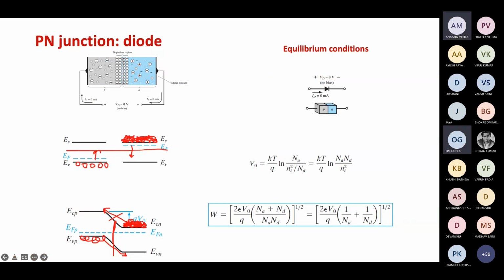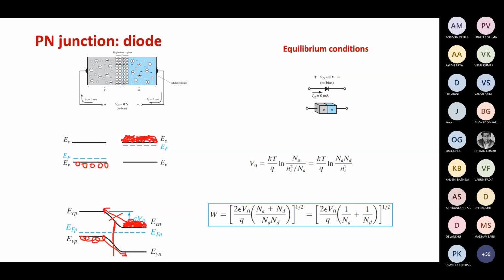Sir, isn't it related to the electric field inside the depletion region? So the origin of the electric field is actually because of the diffusion. As soon as we combine the two semiconductors, these p and n type, suddenly electrons from the n side go to the p side and holes from the p side go to the n side.